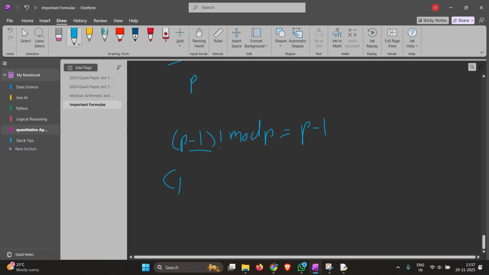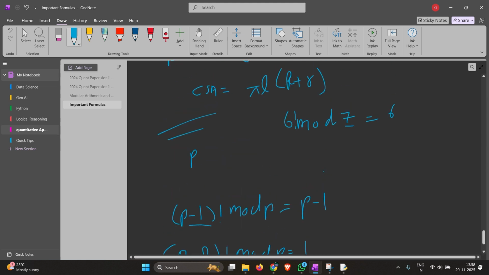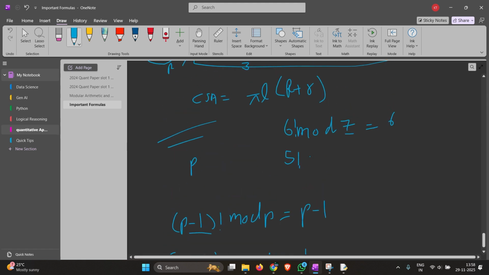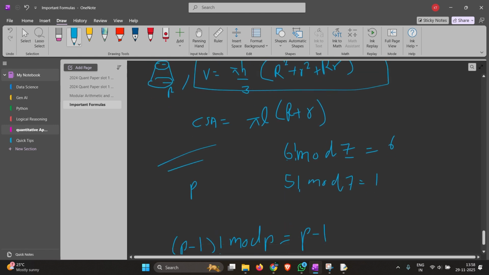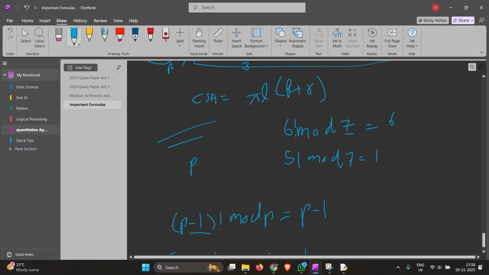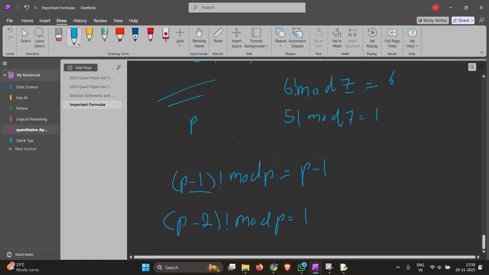And similarly, we also have (p minus 2) factorial mod p equal to 1. So if we had 5 factorial mod 7, that is just 1. It's okay if you don't know these formulas, but it's a good speed up if you are able to recognize some questions where you can use these shortcut formulas to find the answer much quicker.